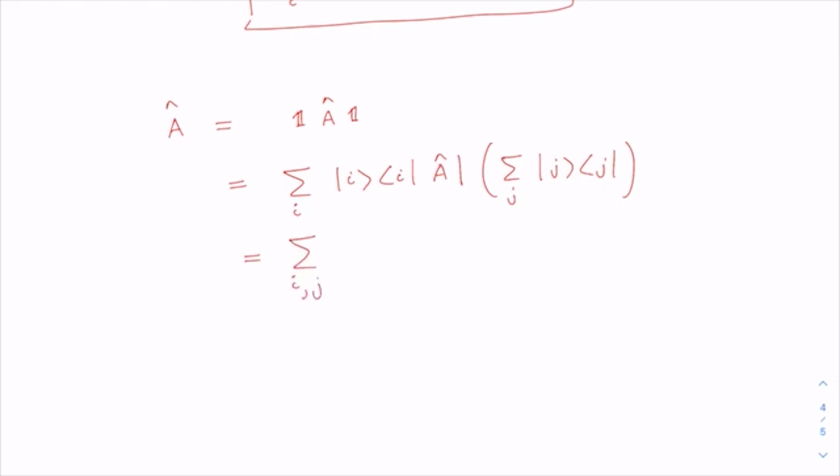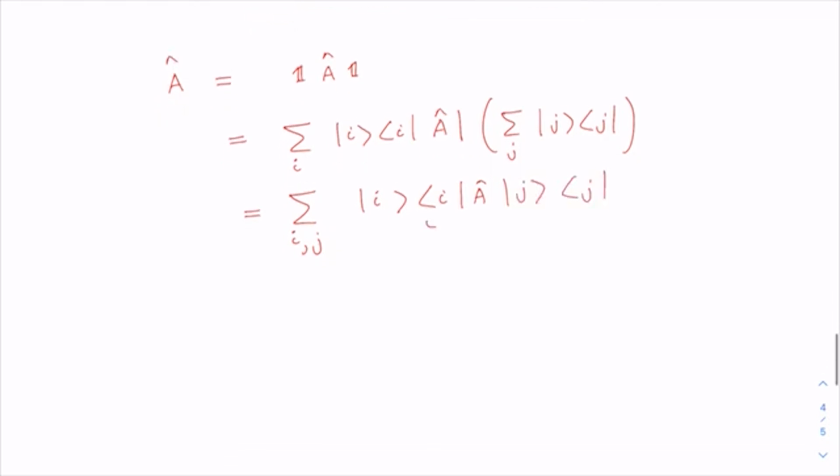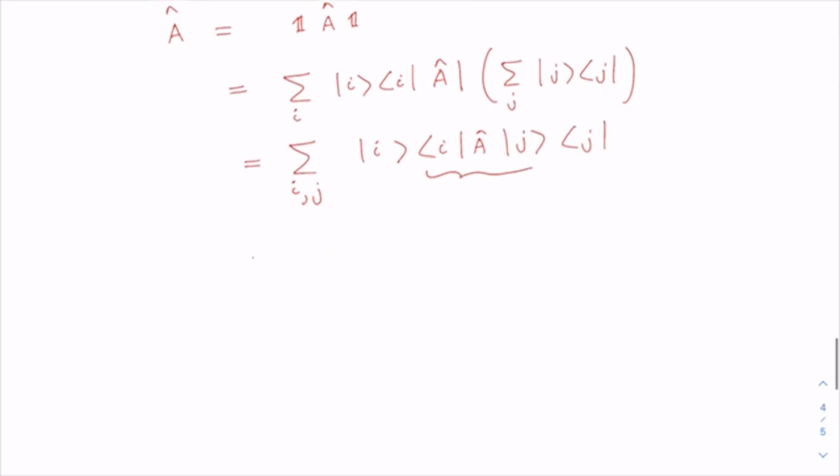Actually it is a double summation, but in shorthand notation I can write it in this way. Then I have bra i, A, ket j. Now you see this is just a number, so I can write it here also, bra i A ket j, ket i bra j.